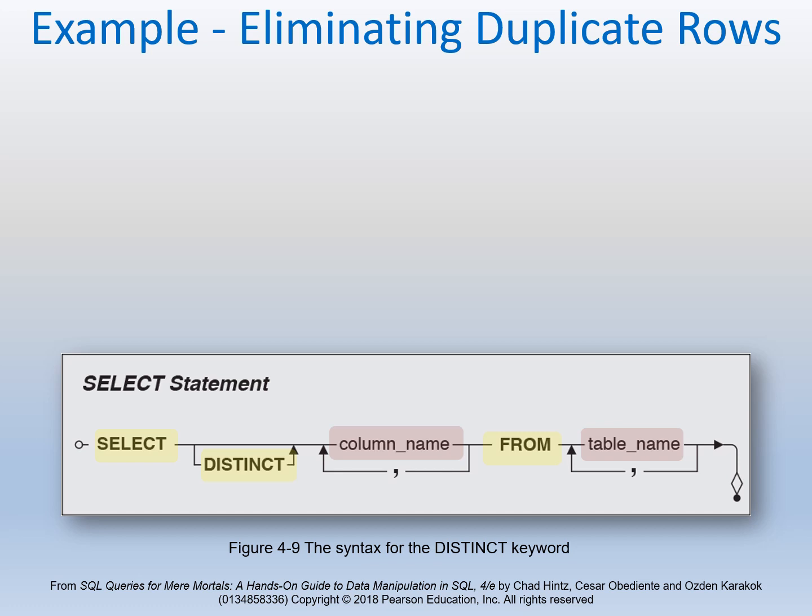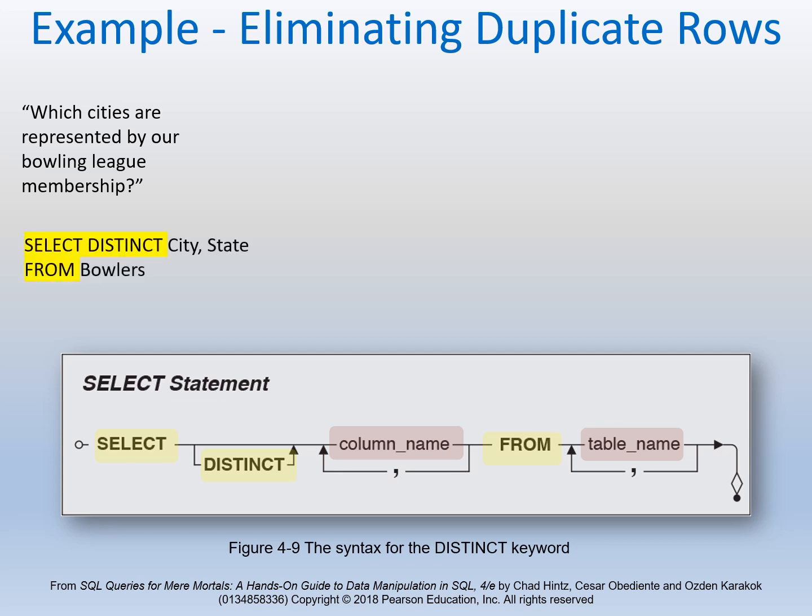An example of eliminating duplicate rows, our request is, which cities are represented by our bowling league membership? The select statement would simply be select distinct, those two keywords, with distinct preceding the column list of city and state. The from clause consists of the table name bowlers.